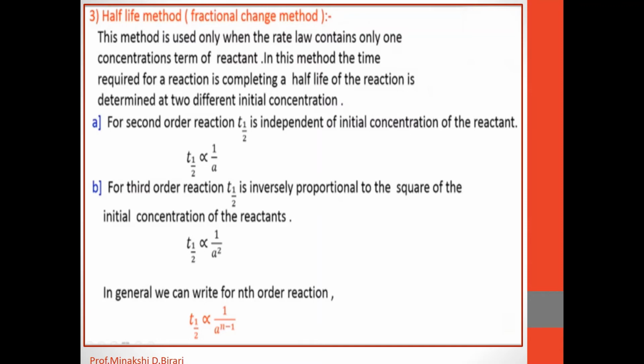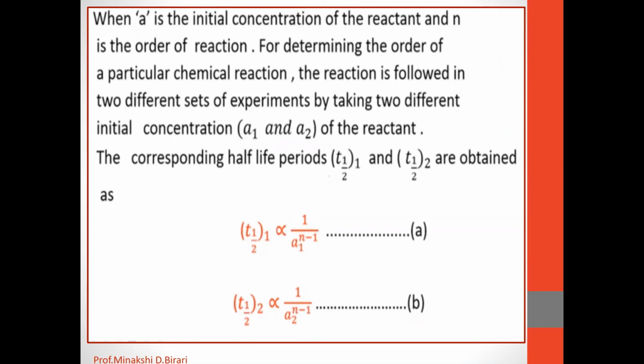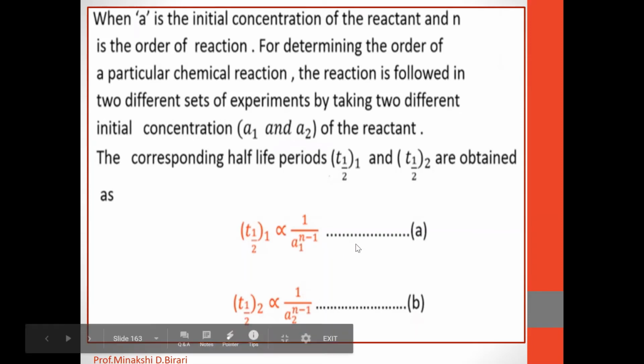For determining the order of a particular chemical reaction, the reaction is followed in two different sets of experiments by taking two different initial concentrations, that may be A1 and A2, of the reactant.